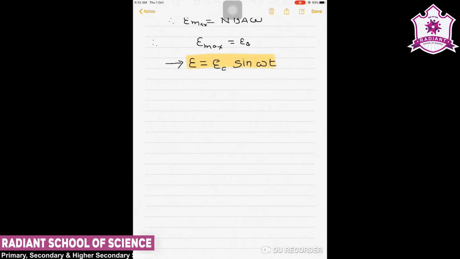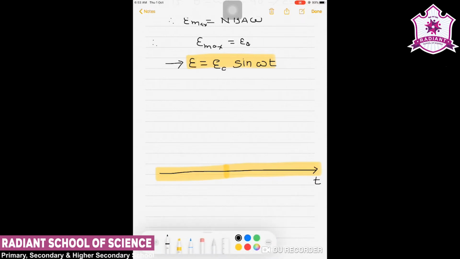Suppose on the x-axis we have shown the time, and on the y-axis suppose the EMF is situated.